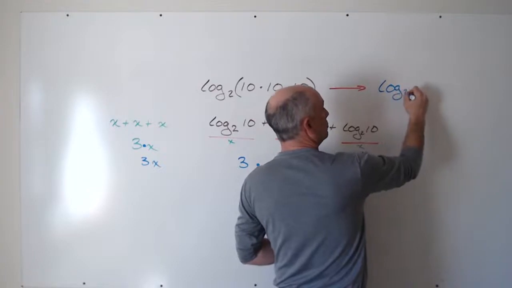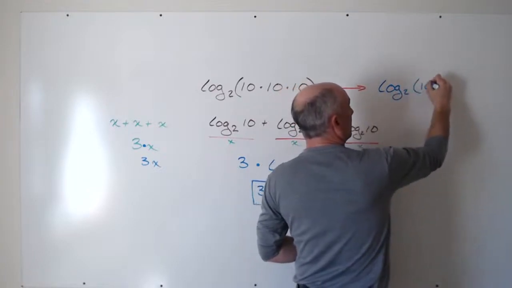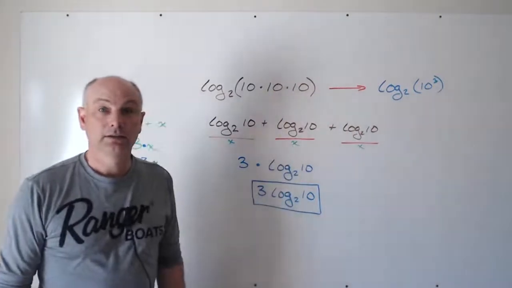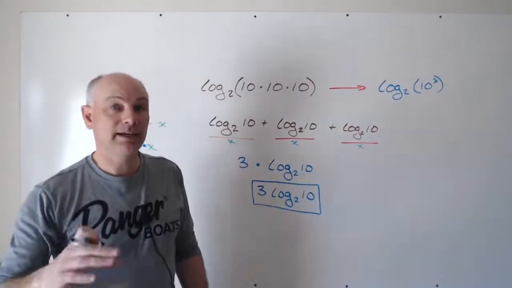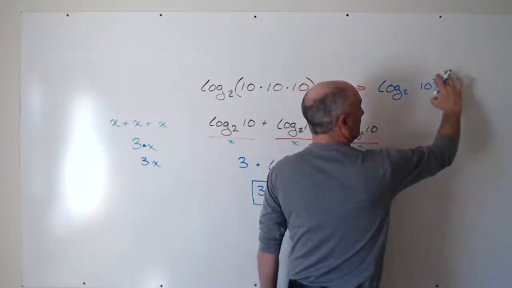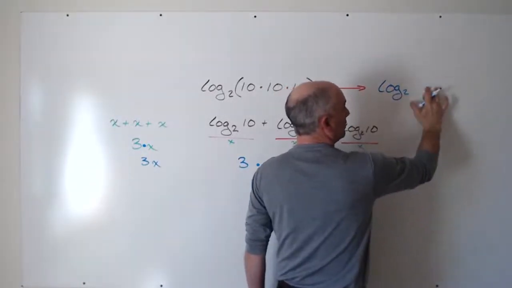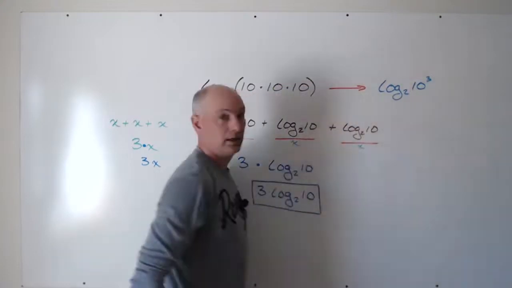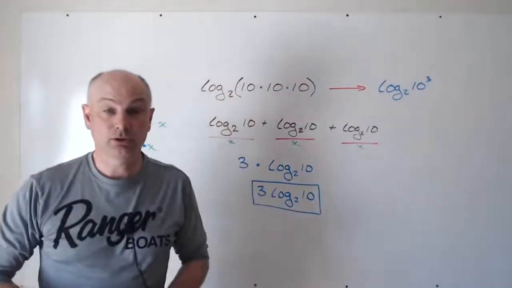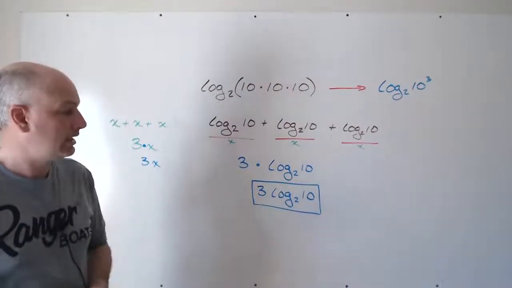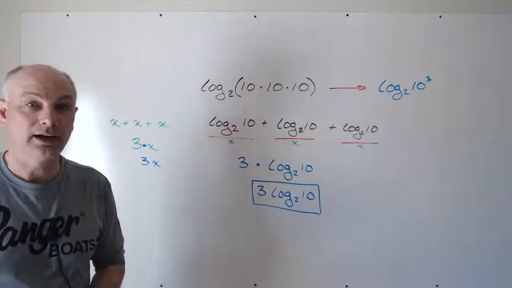Log base 2 of 10 to the 3rd power. Now keep in mind here, I don't necessarily need the parentheses here. And many times when you take a look at the textbook, they are not going to list parentheses around them. Now, I want you to take a look at the 2 items in blue now.